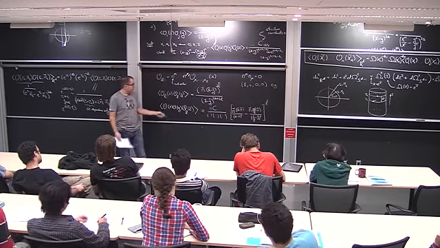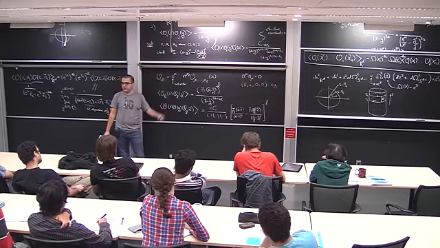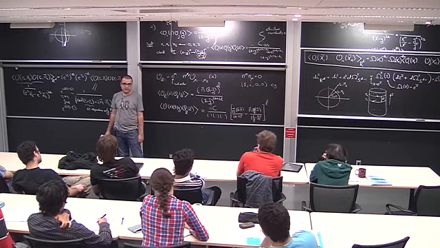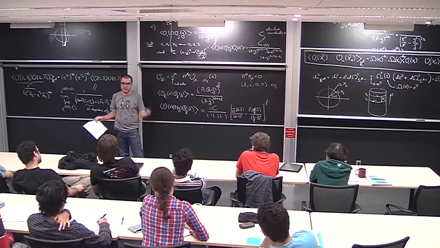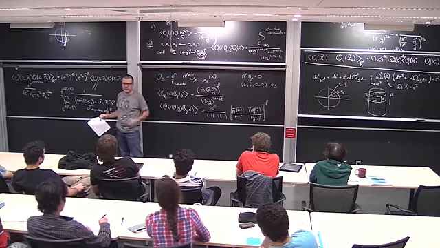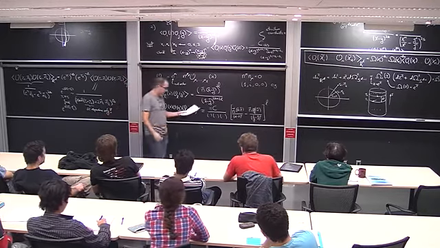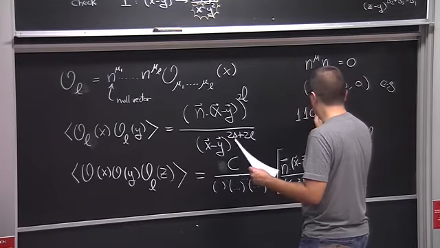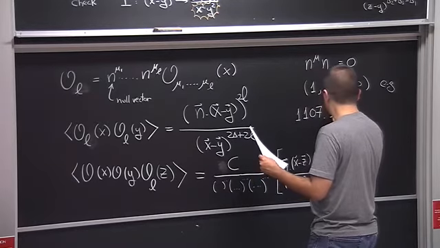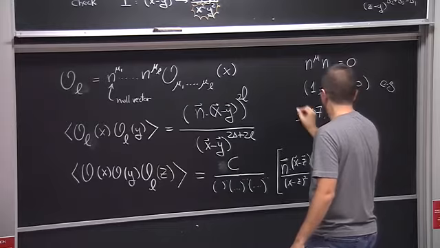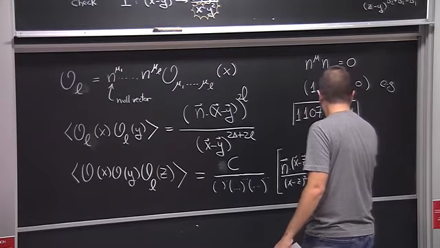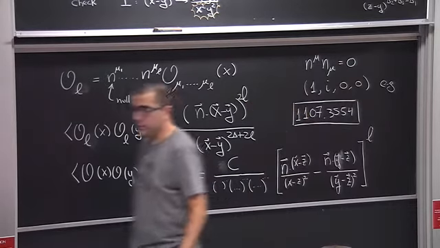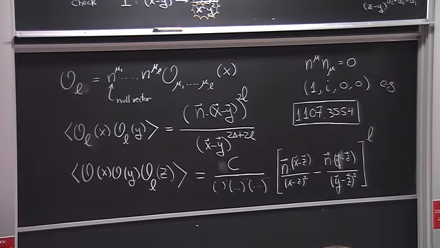And for example, if you ask, what is the correlation function of three operators with spin L1, L2, and L3? It is no longer fixed by symmetry. Now there are different tensor structures you could write, and you can learn more about it in a paper from 2 years ago, 1107.3554. So if you want to learn more about operators with spin and more general cases, you can look there.